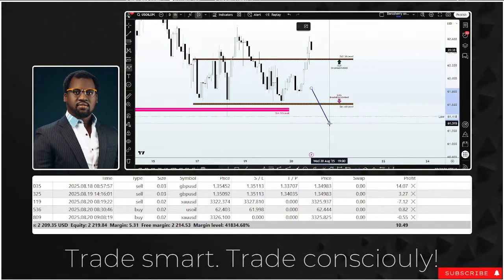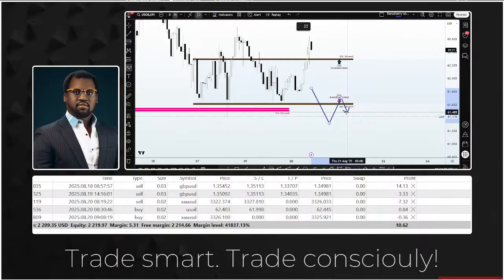Now, if we do want to sell below that structure, we'll need some confirmations to happen to let us know that truly sellers have come to stay. And what do I mean by confirmation here? I want to see price come back and retest the structure multiple times on my lower time frame. This is immediately after the breakdown happens. So I would like to see price come back to retest the structure.